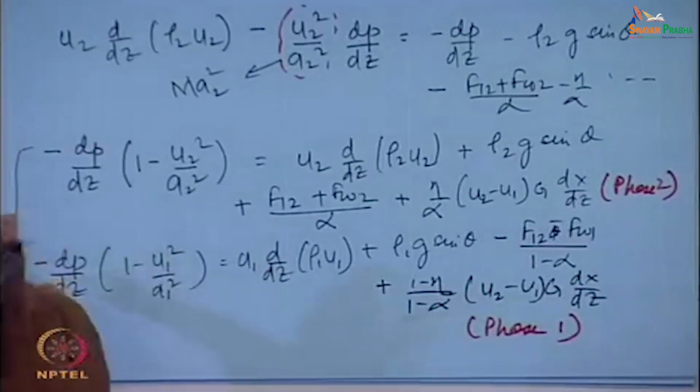Is it clear? So remember one thing, choking of phase 1 and choking of phase 2 does not give you any idea about choking of the two phase mixture. Why? Because the in situ composition of the two phase mixture is very important, and how it varies with the pressure gradient and other factors is also very important.